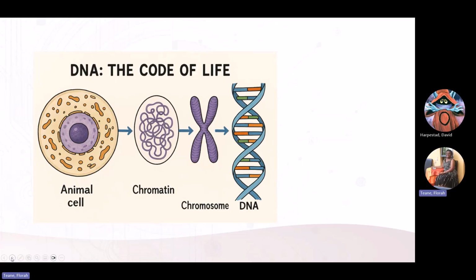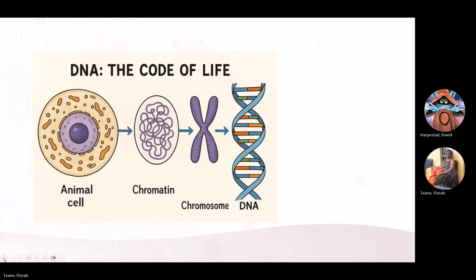Now let's come to the business of the day. Remember, I said the topic is about DNA, the code of life. Let me remind you a bit on where this DNA is located within a cell. I'm taking you back to your grade 10 syllabus, where you were taught the structure of a cell, both plant and animal cell.